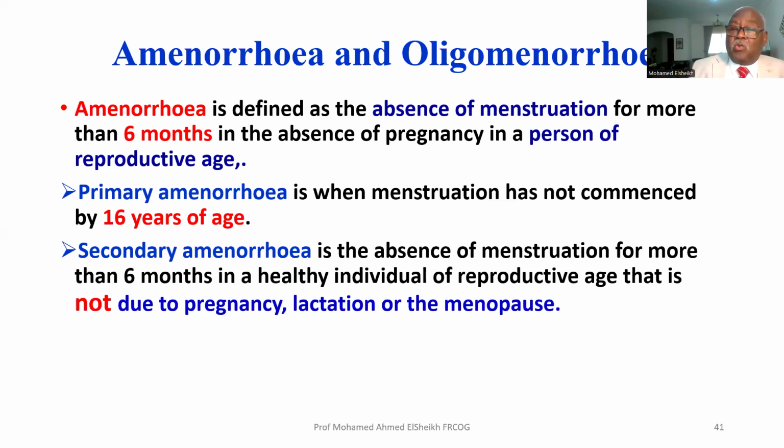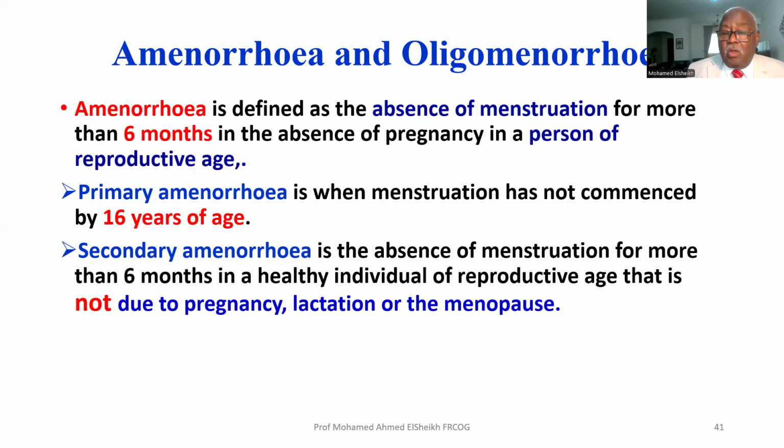Amenorrhea could be primary or secondary. Primary is when menstruation has not commenced by 16 years of age. That's primary amenorrhea. Secondary amenorrhea is the absence of menstruation for more than 6 months in a healthy individual of reproductive age that is not due to pregnancy, lactation, or the menopause.